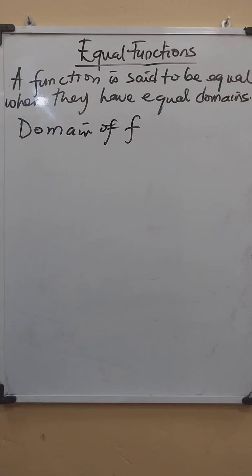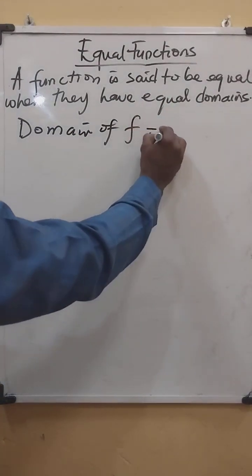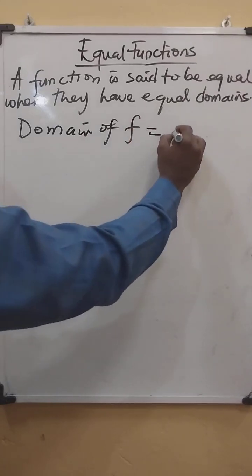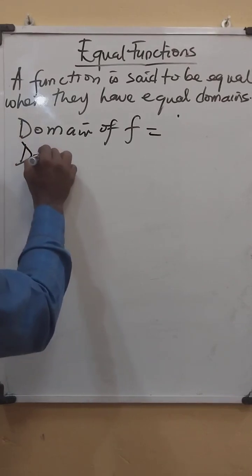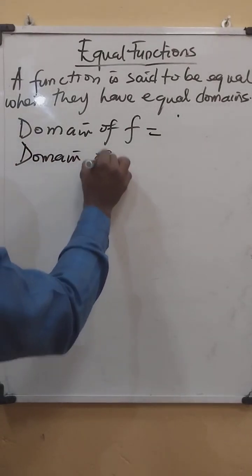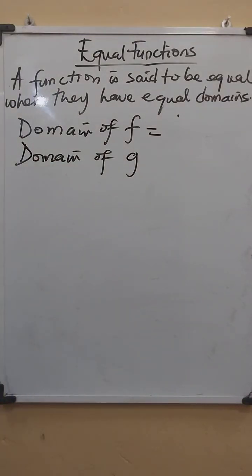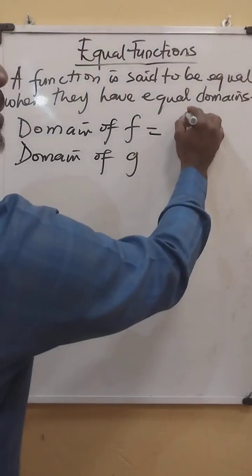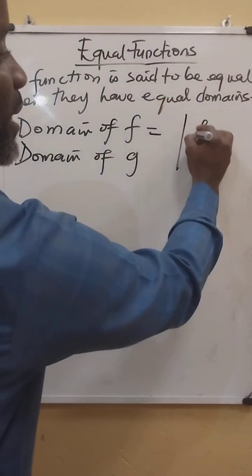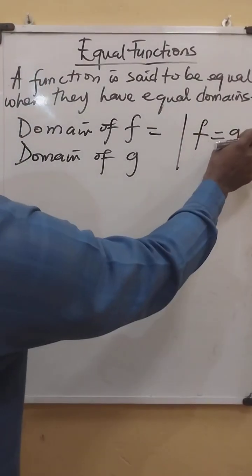For example, if the domain of function f is equal to the domain of function g, we say, in this case, this is how it's written: f is equal to g.